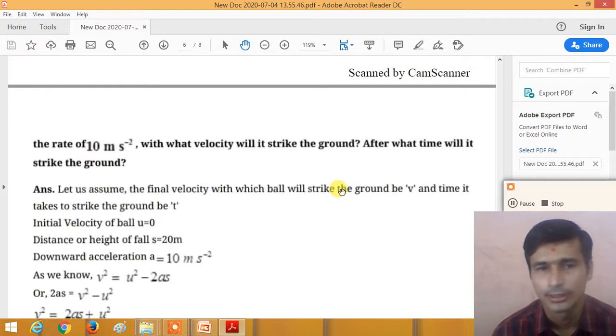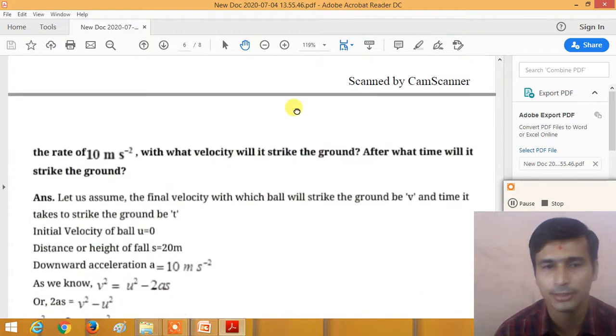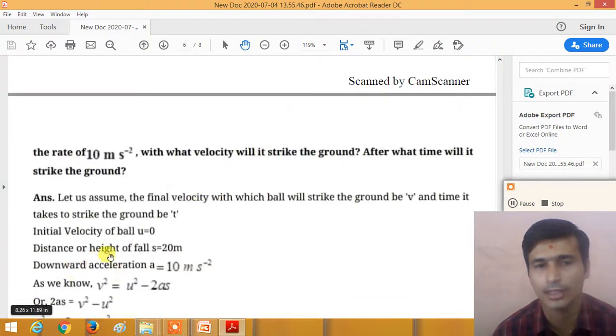So here a ball is dropped from a height of 20 meter, so the height of fall s is equal to 20 meter. It is dropped from this height, so the initial velocity of the ball u is equal to 0, right?